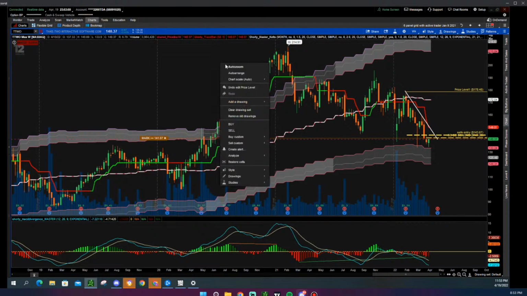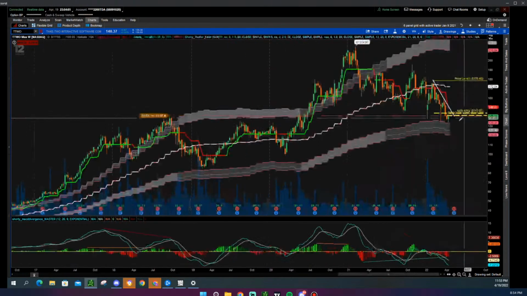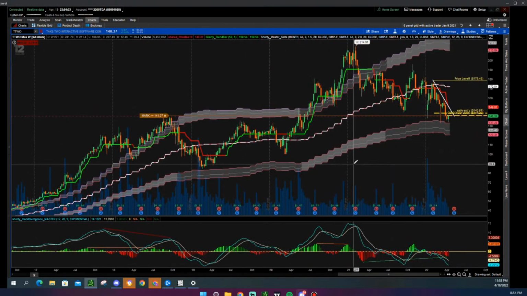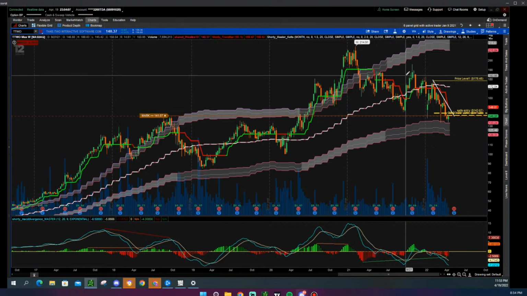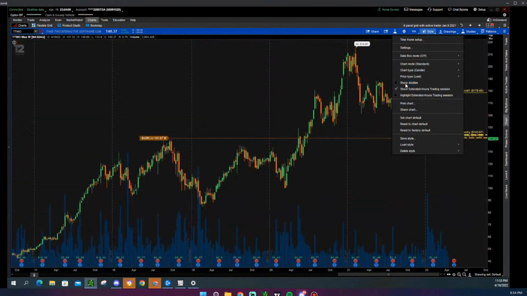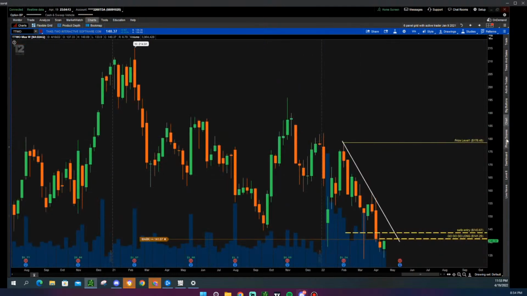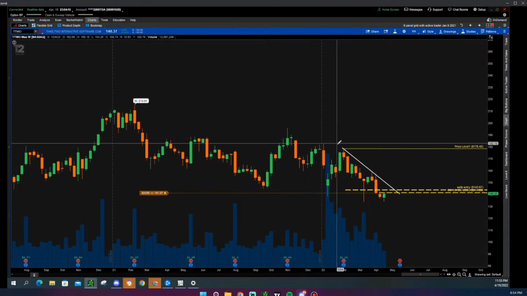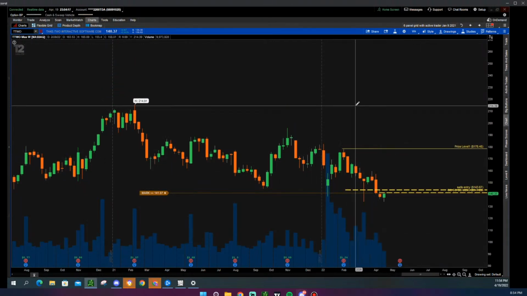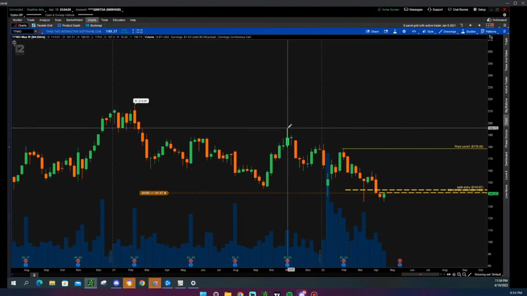Yeah, but guys, what else do you see on this chart? Let me remove all of this. Anyone else see anything here?